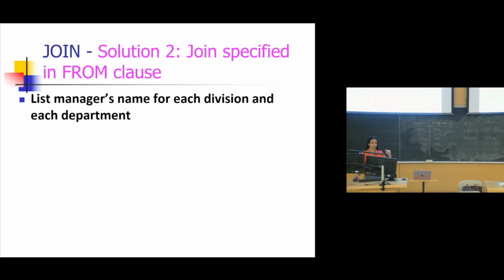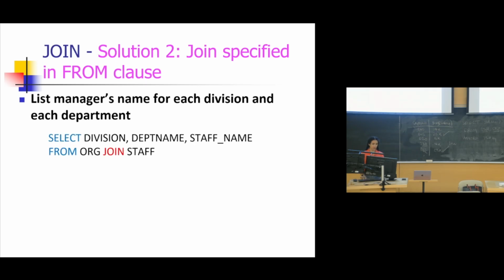That was one way that we learned. Another way is explicitly using join. This is how you can do it. You select the columns that you want, here division, department name, staff name. From table 1, join table 2, right? And then write where you want to join them. This is how you join using the foreign key or any other common attribute.